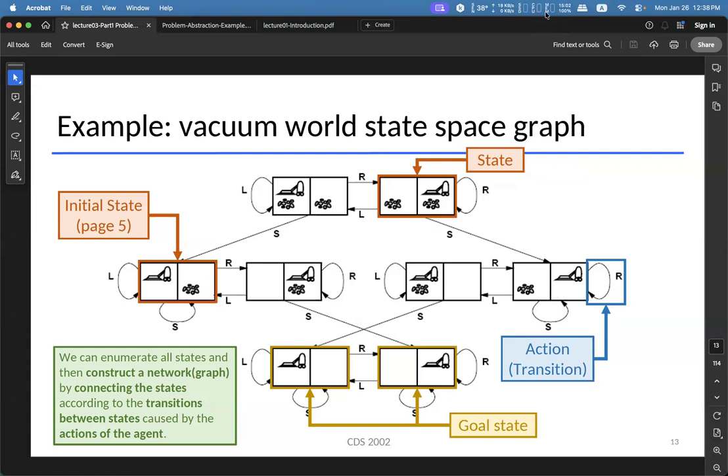And when we are talking about graphs, we have algorithms that allow us to figure out a path from one node to another node.